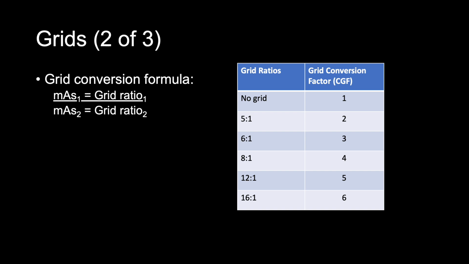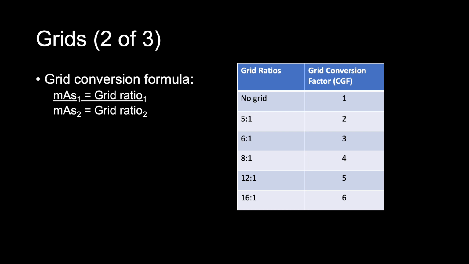So again, we have mAs 1 is 2. Our grid ratio 1 is 1 because it's no grid. Our grid ratio 2 is 5 because we're changing it to a 12-to-1 grid ratio. And then we're solving for mAs 2. So you do 2 mAs times 5. You're just cross multiplying.